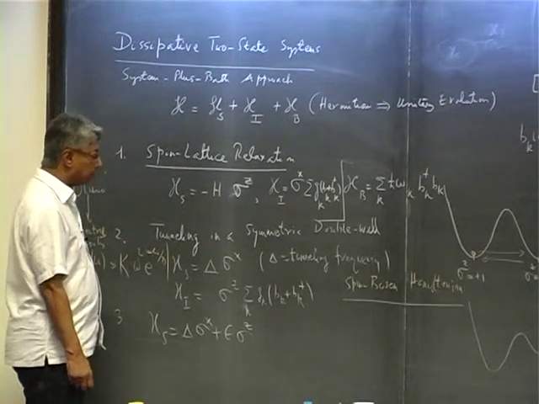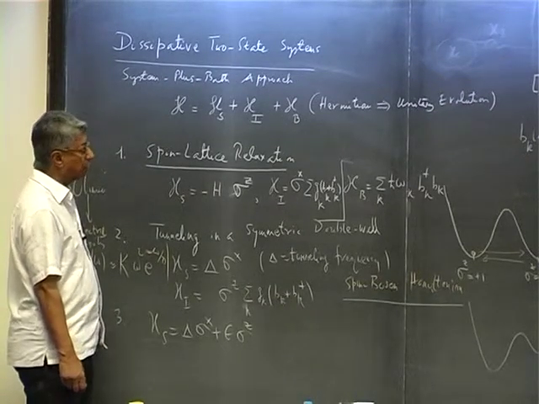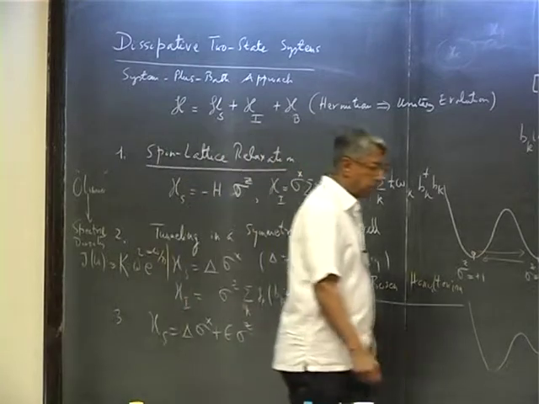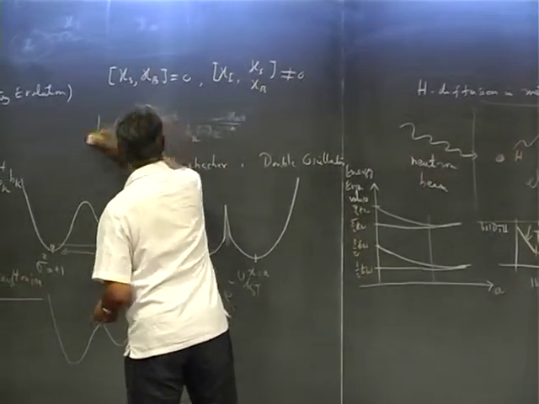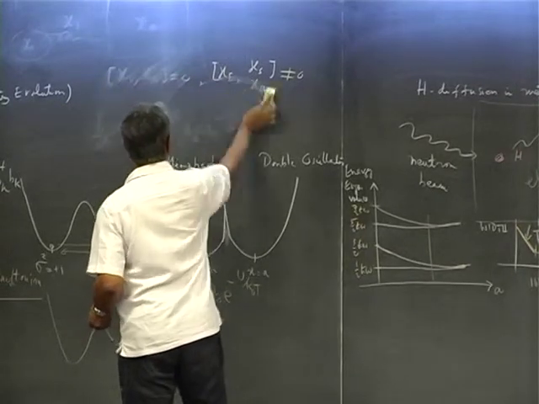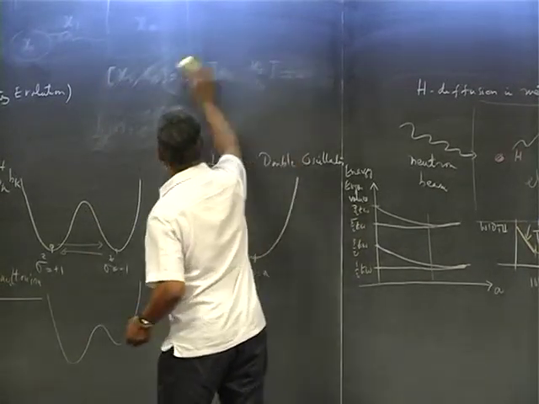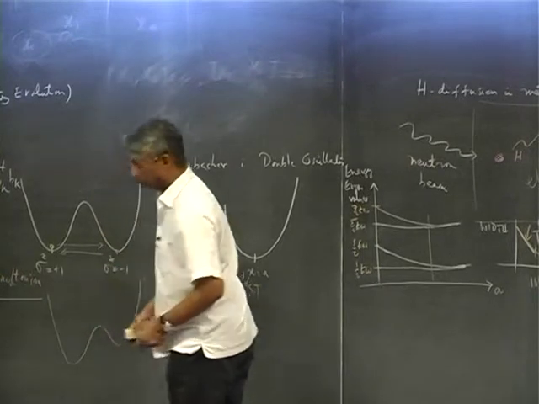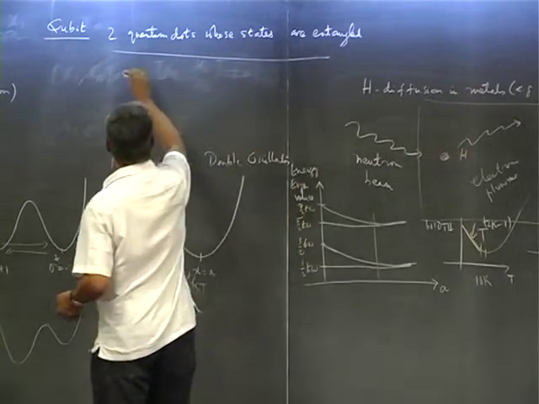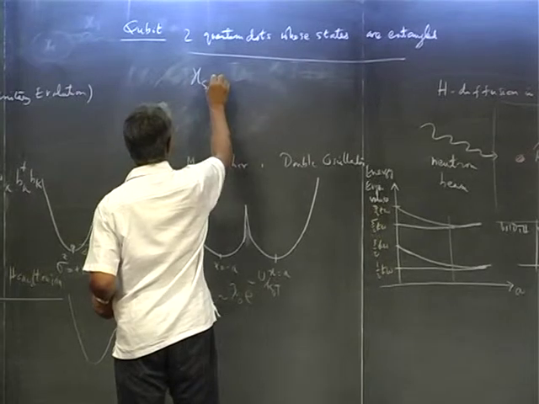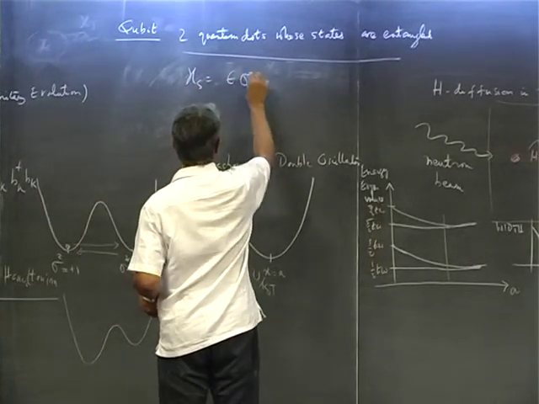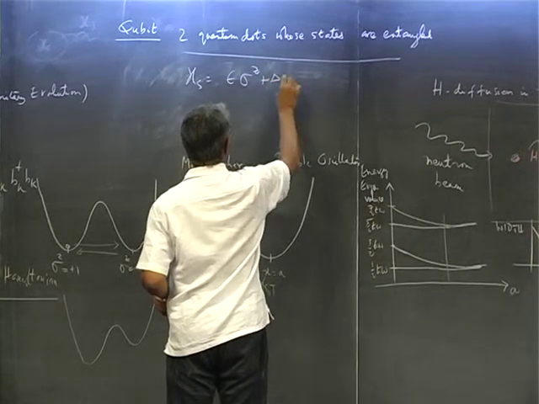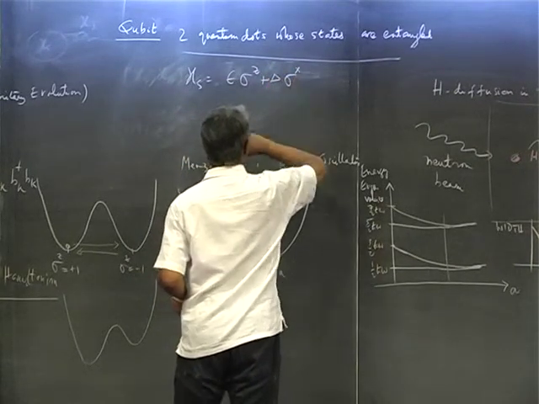Finally, I do want to talk about another issue which is very modern, and that's the problem of a qubit. Hamiltonian as, again, in this generic form, epsilon sigma z plus delta sigma x.